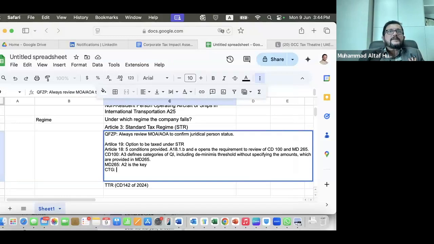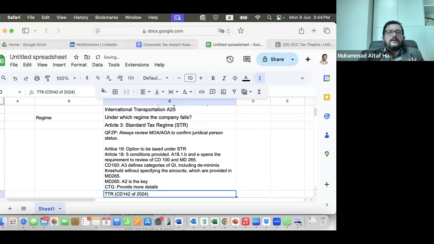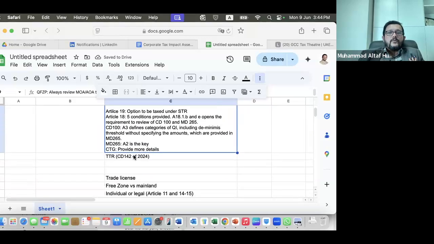And then we have the corporate tax guide as well, right? I will not go into it, but it provides more details. So we can look at that guide also. We will need to refer to it at least once.